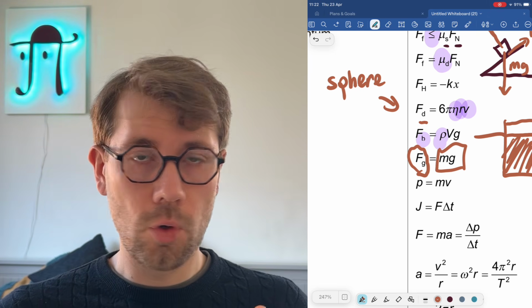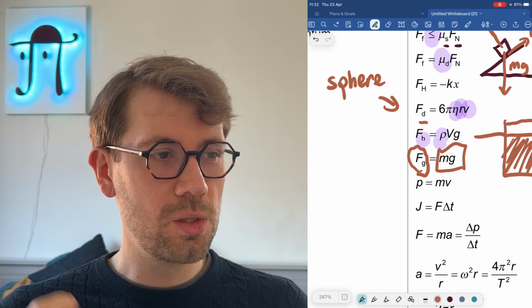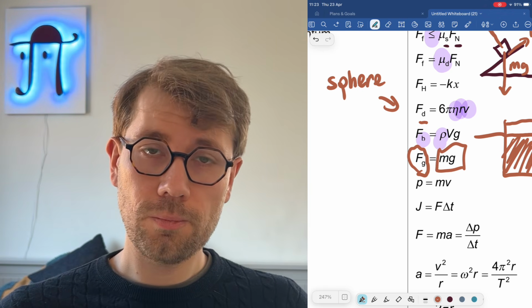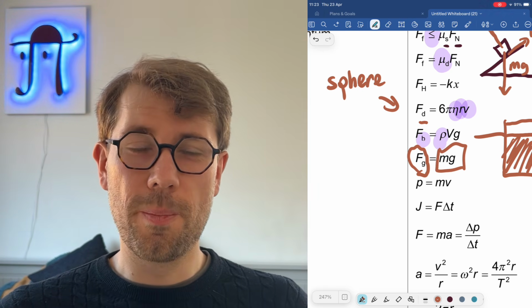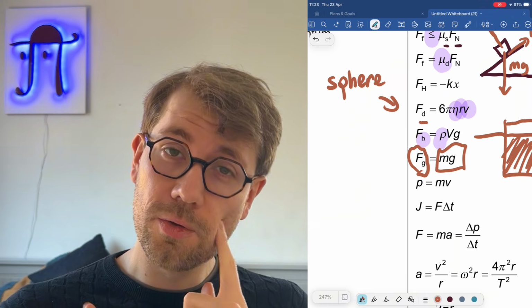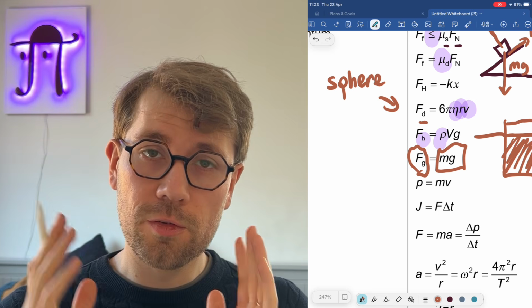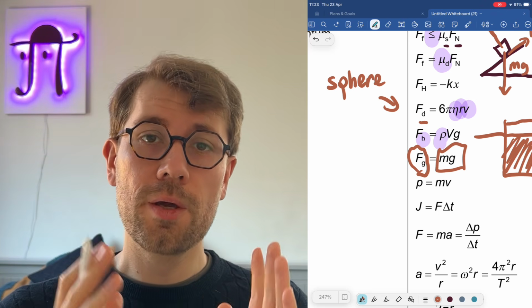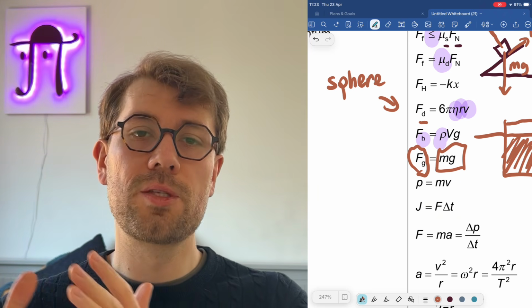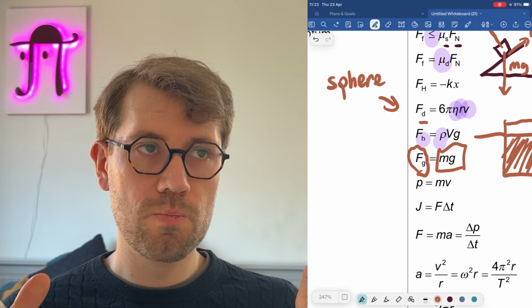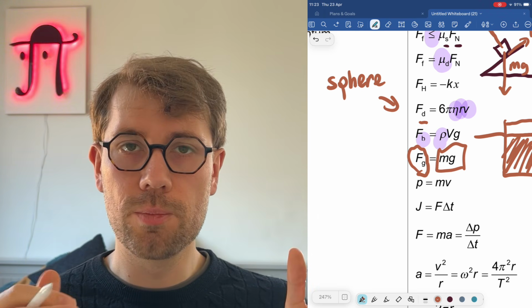Momentum is conserved always. And this is one of the special properties about it. It really helps physicists solve problems. If you see a question about momentum, you might want to use conservation of momentum to help you solve it. It says that the sum of the momentums before the collision is equal to the sum of the momentums after a collision for a fixed system with no outside inputs.